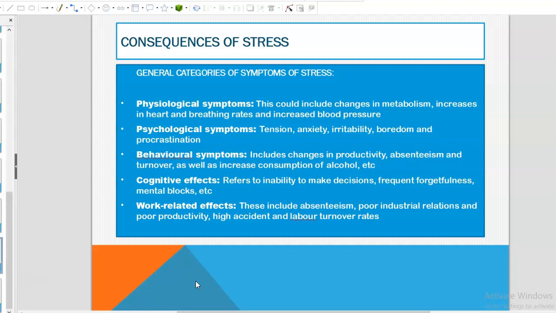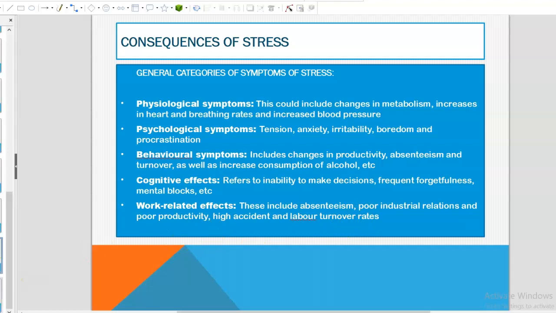That's when they cannot think. It tampers with their creativity. Now we have work-related effects. These include absenteeism, poor industrial relations, poor productivity, high accident rate, and high labor turnover rate.